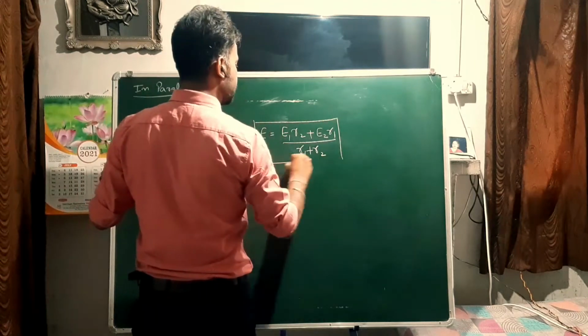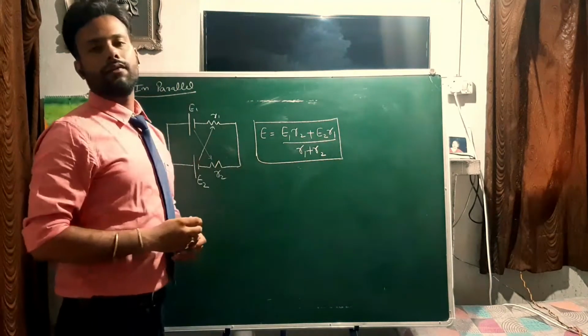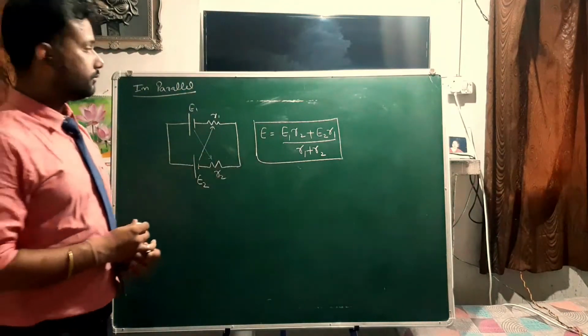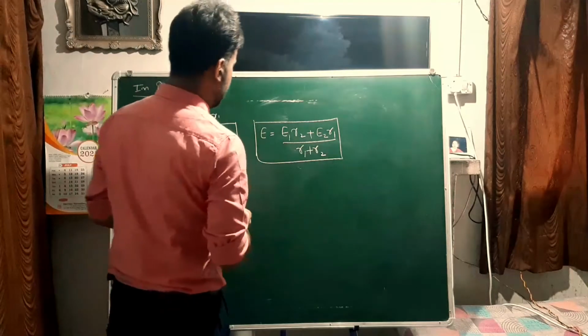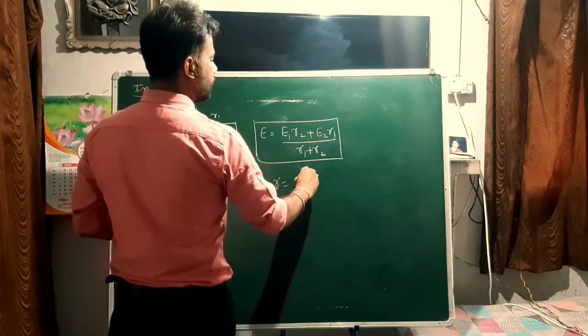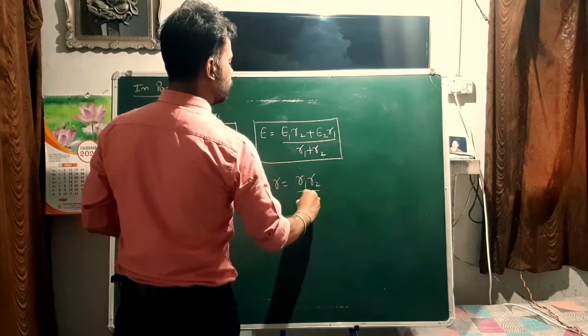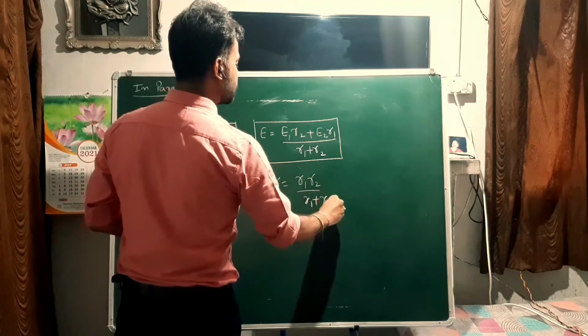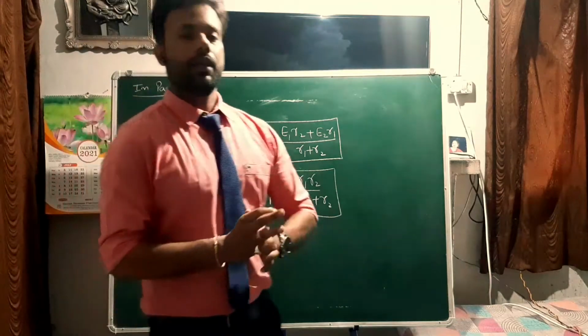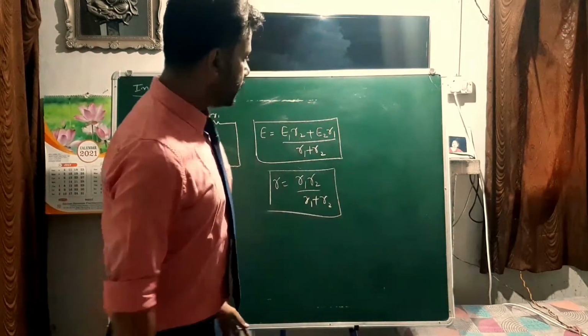So this is the equivalent EMF in this case. What will be the total resistance? That's simple, they are in parallel. So R will be R1 R2 upon R1 plus R2. So this will be the resultant EMF and the resistance.